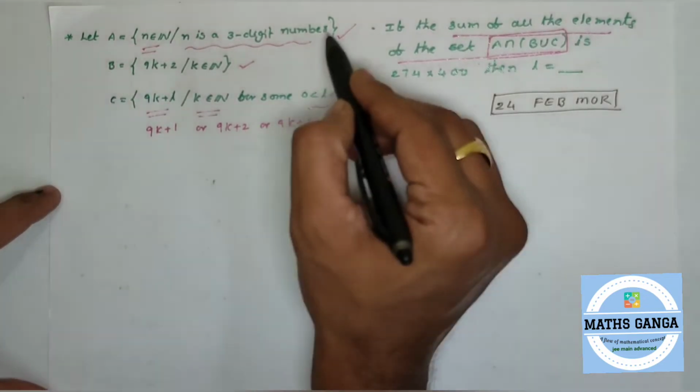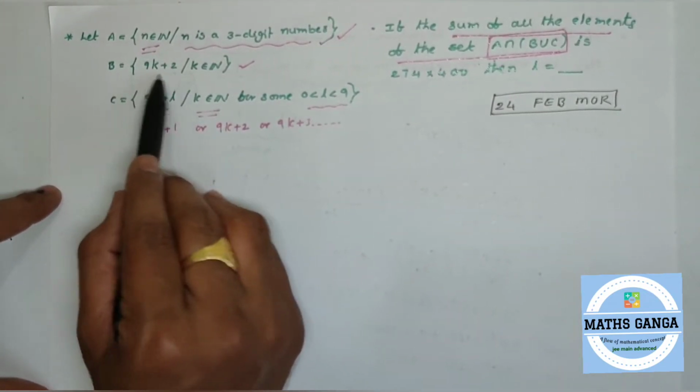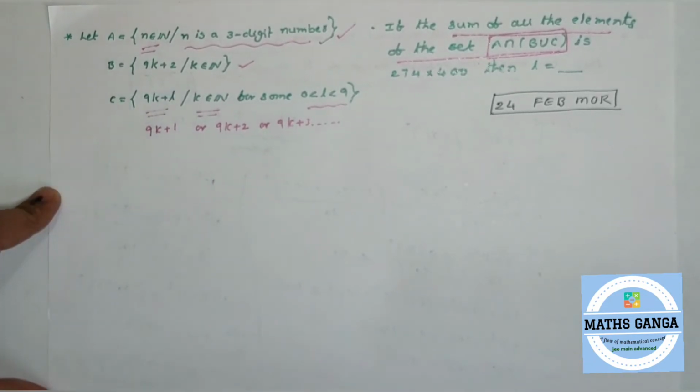N is a 3-digit natural number, and B is numbers of the form 9k plus 2. There are many numbers in the form 9k plus 2, and all those numbers may be 2-digit, maybe 3-digit, maybe 4-digit.